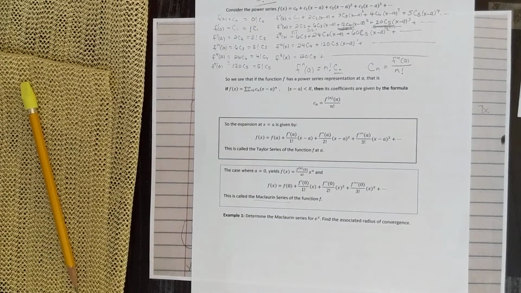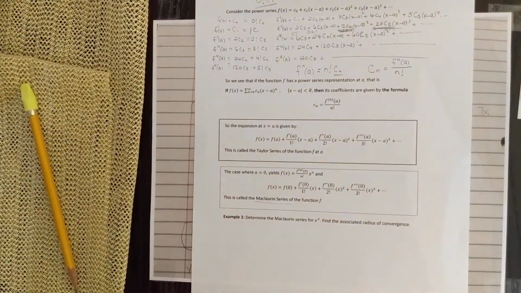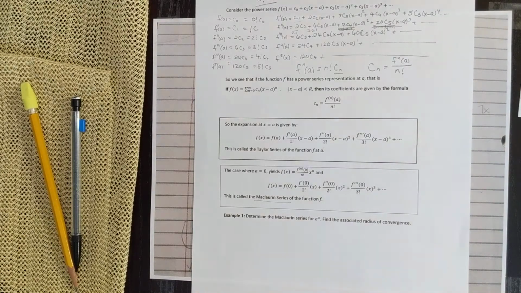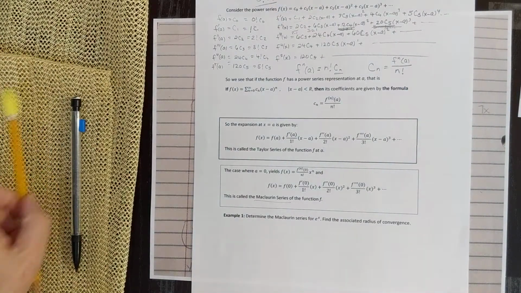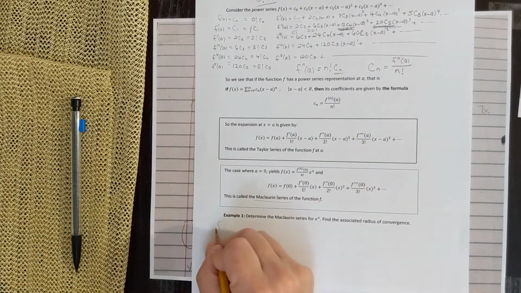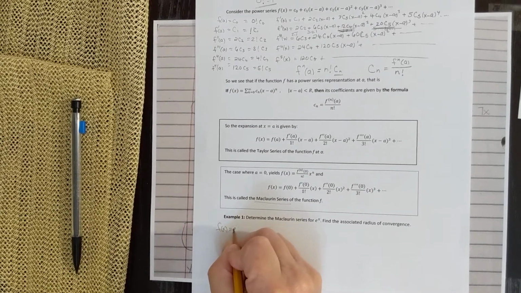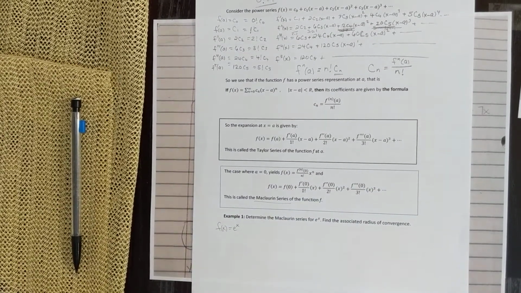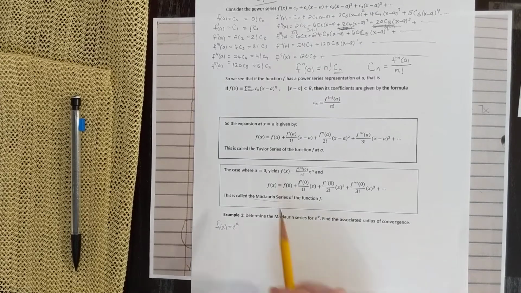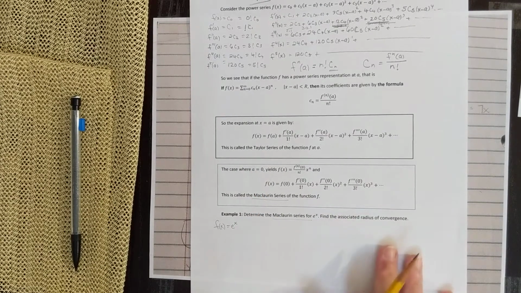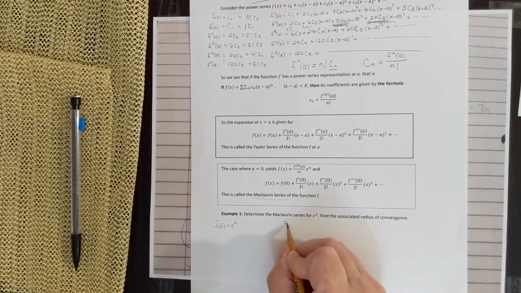So we are about to see how we can write the Maclaurin series representation for the function e to the x. Okay, so e to the x is our function, so we've got the function f of x is e to the x. If we're going to use the Maclaurin series, then we're going to represent it about 0, a is 0.